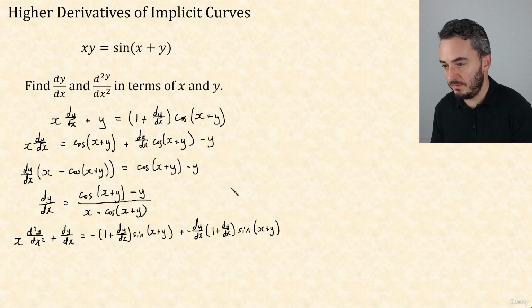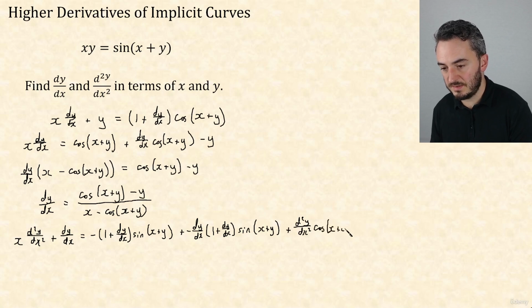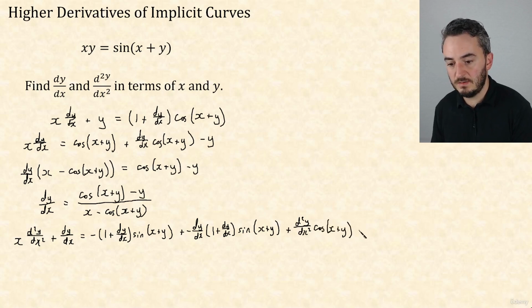So there's u v' plus u' v, so that's plus d²y/dx² cos(x+y). Finally, minus dy/dx.